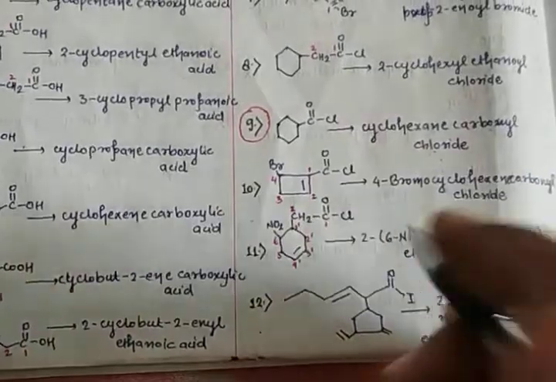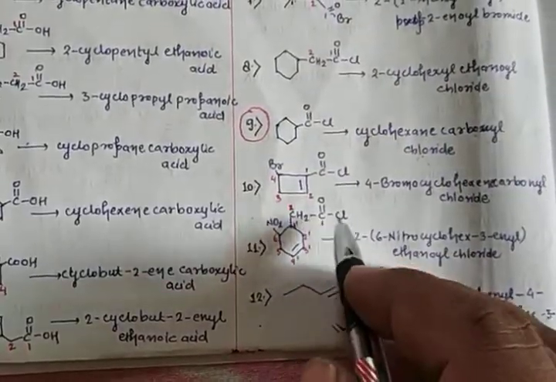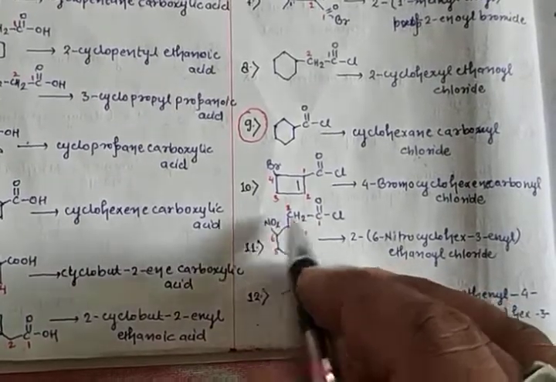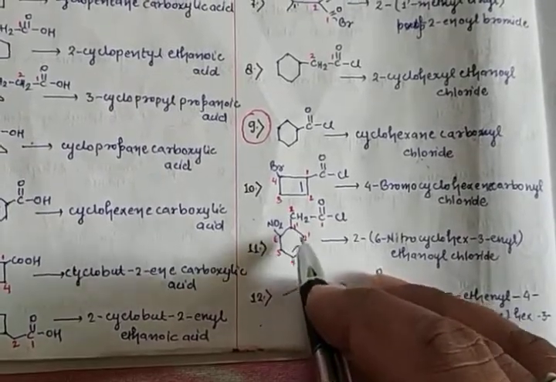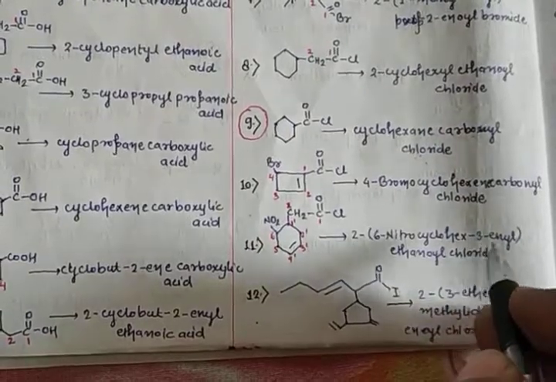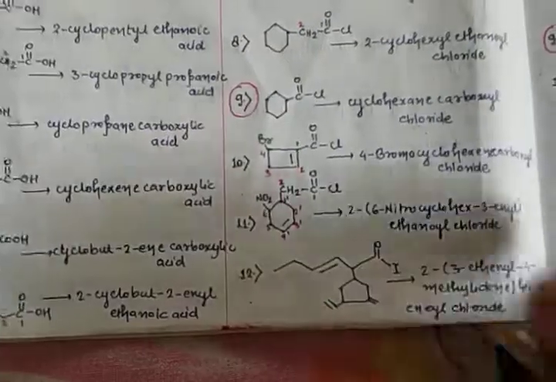Clear? Clear all of you? Same for this. There is a carbonyl chloride, but this C double bond OCl is not directly attached with the ring. So now there is a 2. The priority for this is 1, 2: 2-(6-nitrocyclohex-3-enyl) ethanoyl chloride. The same for this. Yeah, clear?